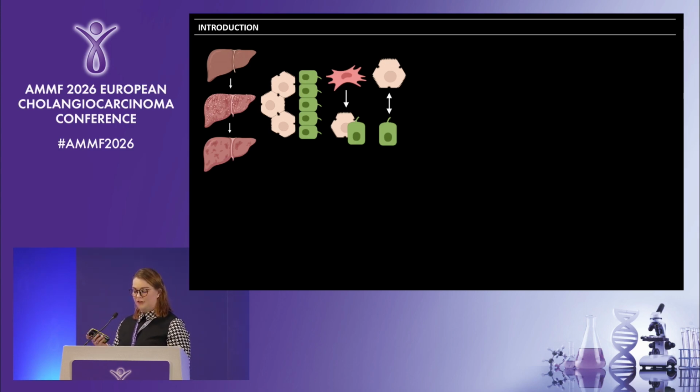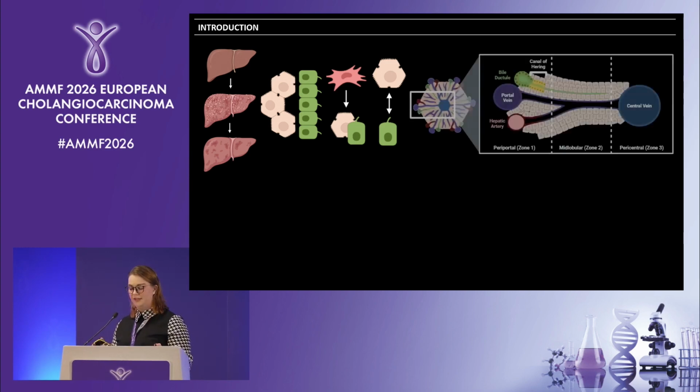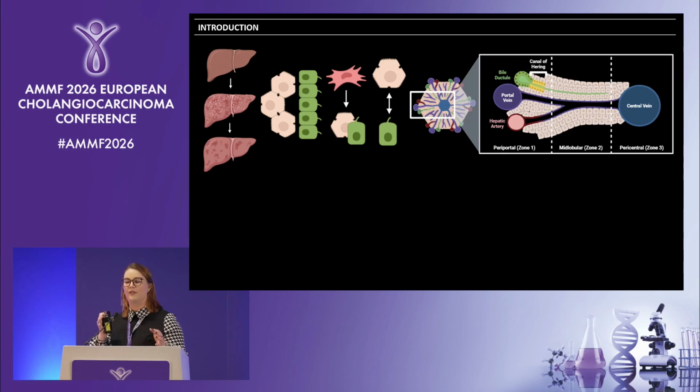So in this context, it's become evident that hepatocytes are actually not as fixed in their fates as previously believed. They can exhibit what is known as plasticity, and it was not known, before this project, whether this plasticity is characteristic of all hepatocytes or whether it's very zone restricted.